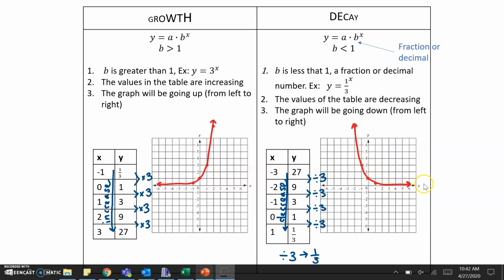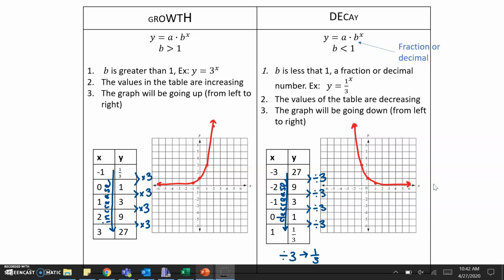It is decreasing. And what I want to notice is that these exponential functions have this unique shape where they level out, okay? So this one is leveled out at the bottom and then it sharply turns up. This one is sharply going down, it's very steep, and then it levels out here at x equals 0.